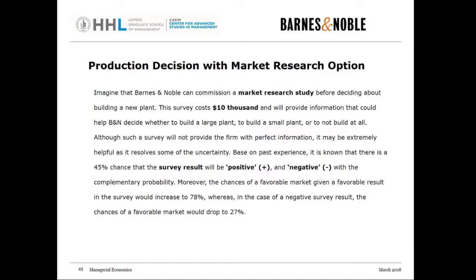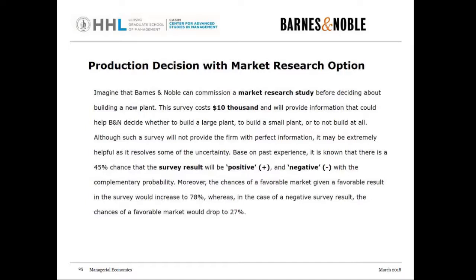And given the past experience, you know that one happens with 45%. This is positive, and 55% is negative. And what it does, it helps you with getting the probabilities better. So you have more information, and if the result is positive, then the probability of having a favorable market is 78%.